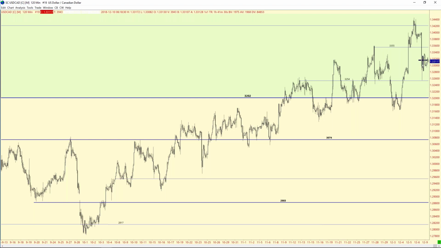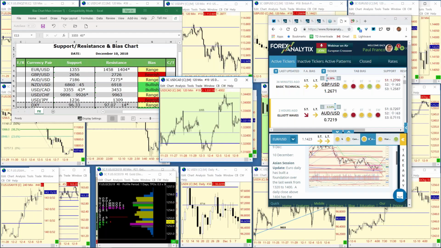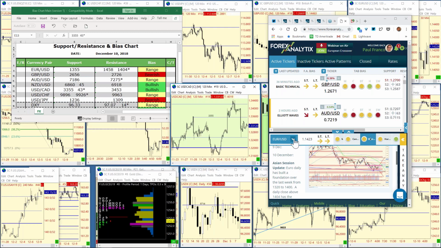But boy, we saw a pretty good reaction back on this, going all the way almost into the close. It almost made all the way back to that key 33.43 that we've talked about on the daily.